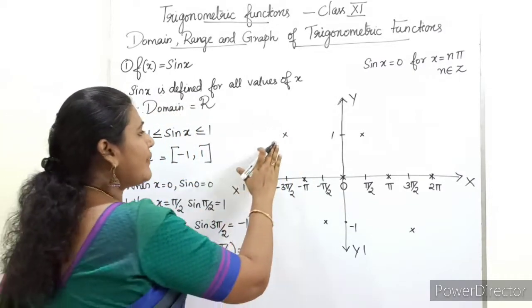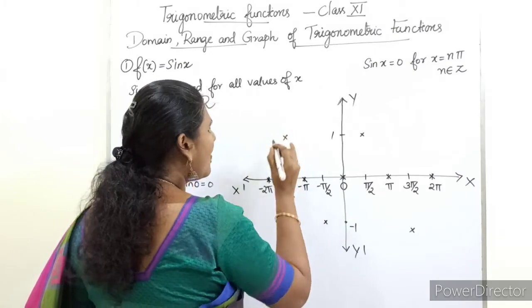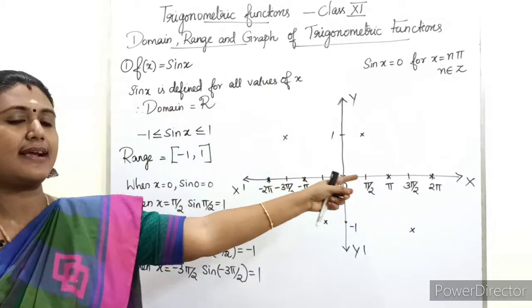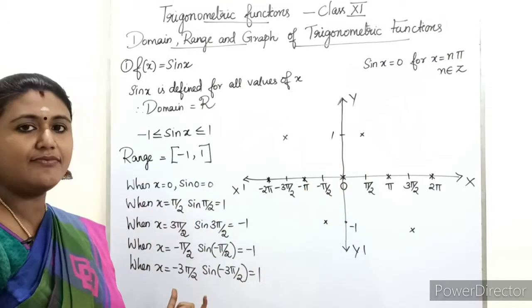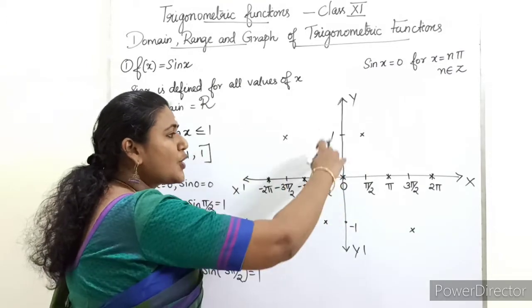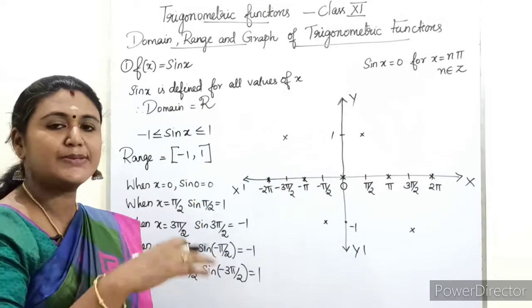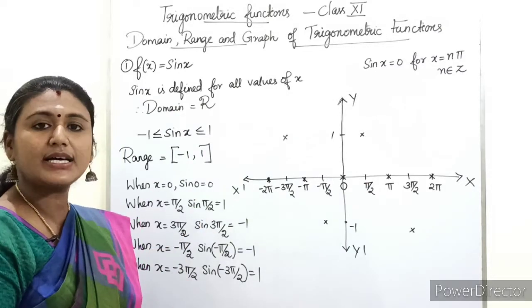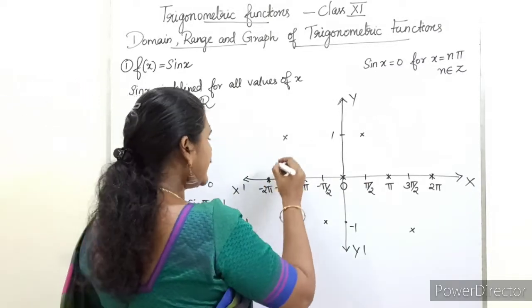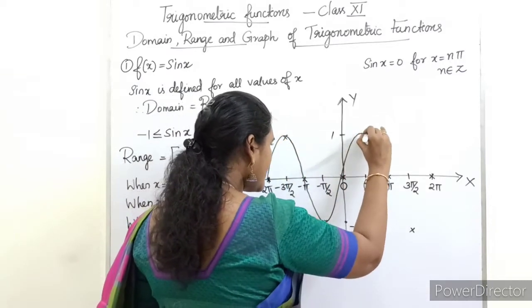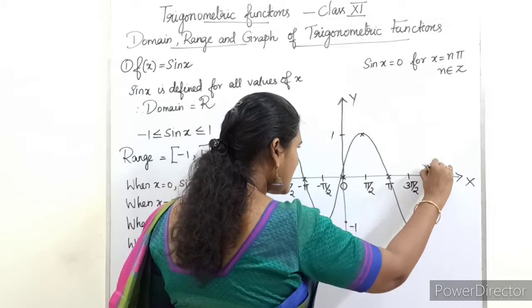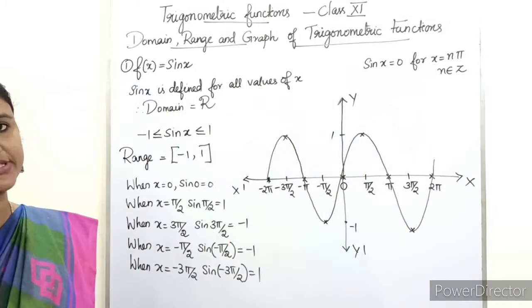So you have to find all the values of sin x at these angles. At least for these angles, if you are able to find the sine values, then you can plot all these points. You can join these points using a curve. That will be the graph of sin x. So this is the graph of sin x.